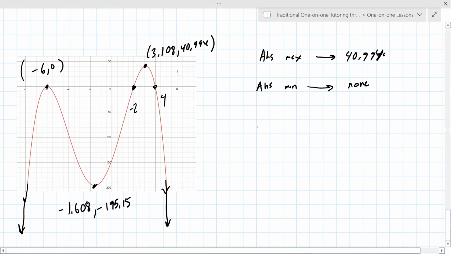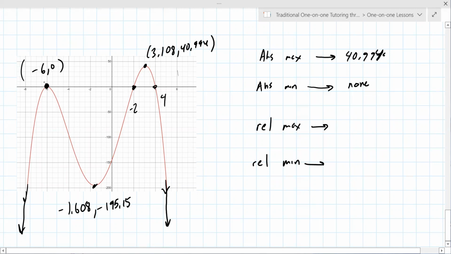Now the relative max and the relative min are more substantive. When you're at this position over here on the left, -6, 0, compared to your neighbors, you're higher up on the hill than they are, but you're not the absolute highest.